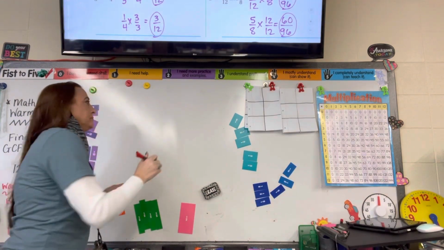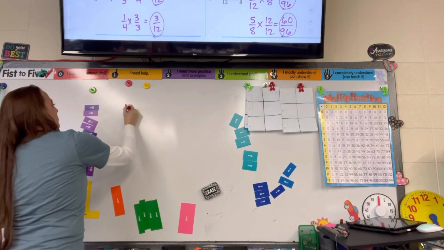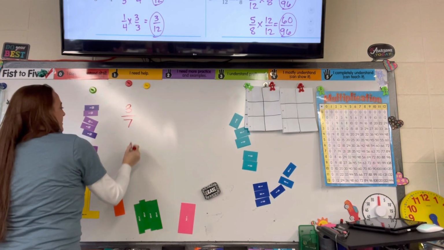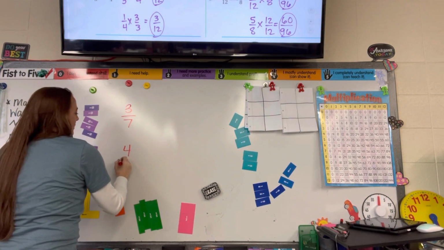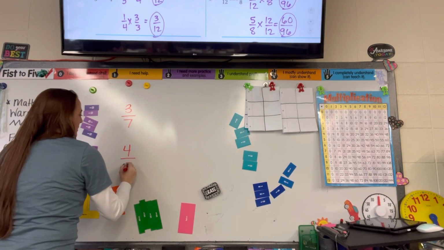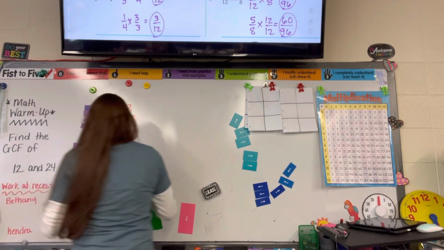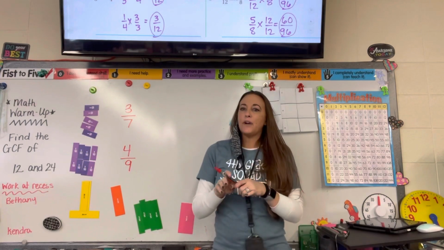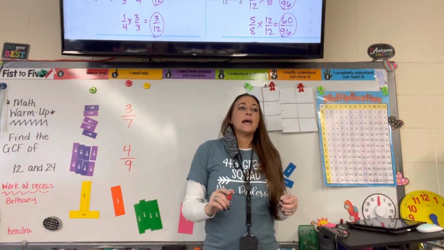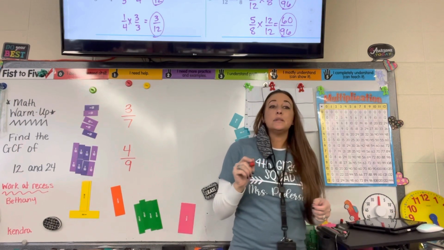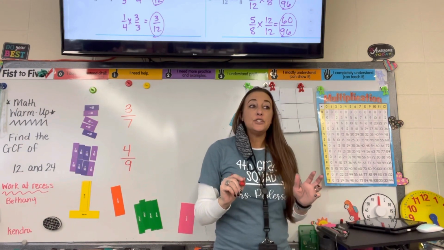What's up here? 3/7 and 4/9. Okay? I have two fractions there, right? 3/7 and 4/9. And I want to find a common denominator. Watch what I do.